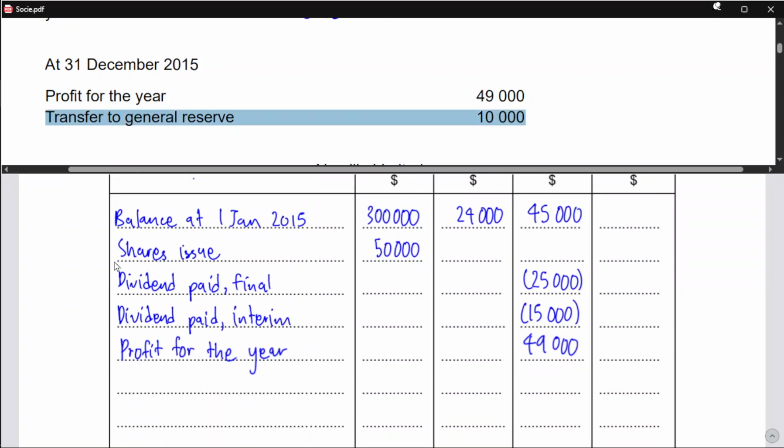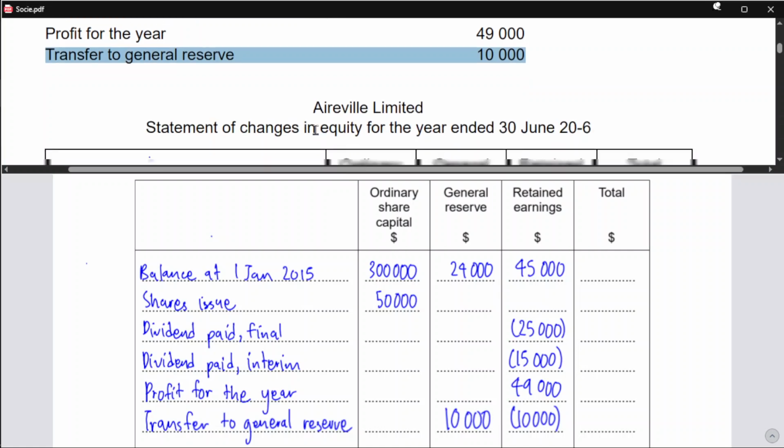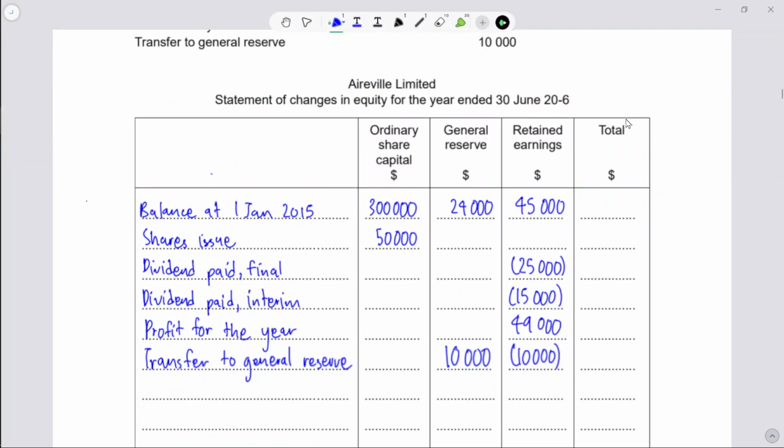This one is a transfer to general reserve, 10K. So retained earnings will transfer to general reserve, so this is minus and add. Then we read back the question. We are done.